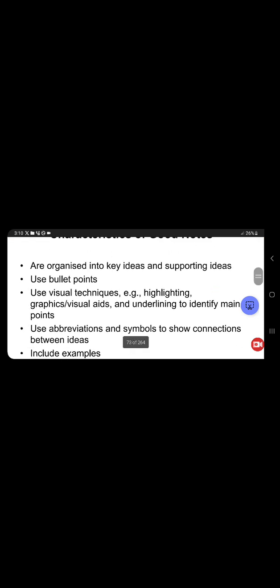You use bullet points. Okay, so some keywords, let's take the paragraph, or maybe an essay. You have an introduction. Under the introduction, I must begin with either a quote or background information.